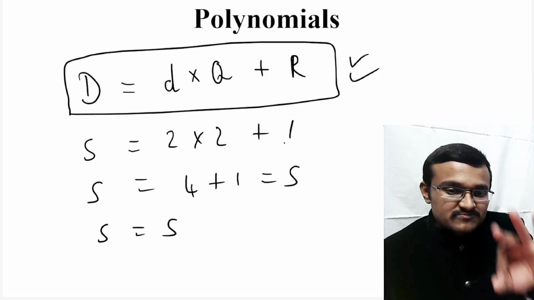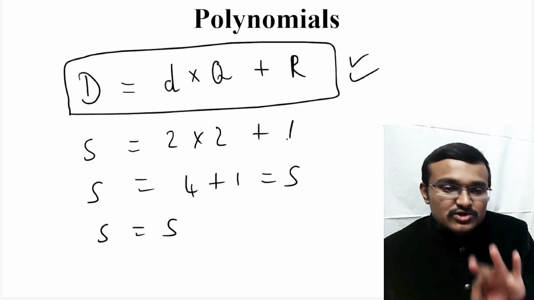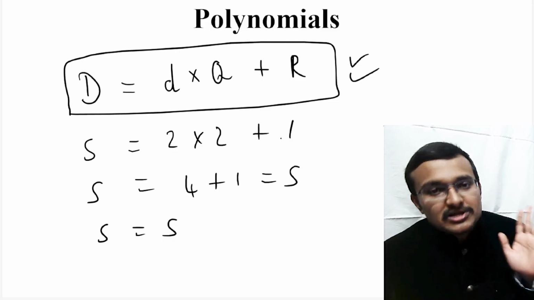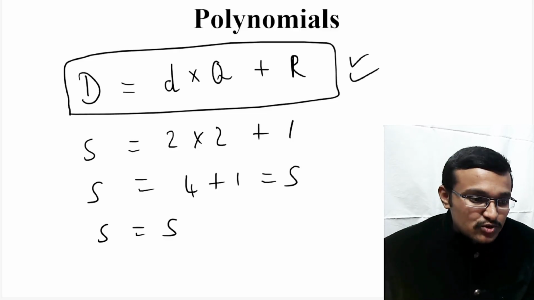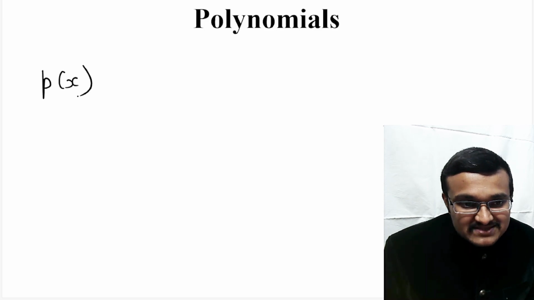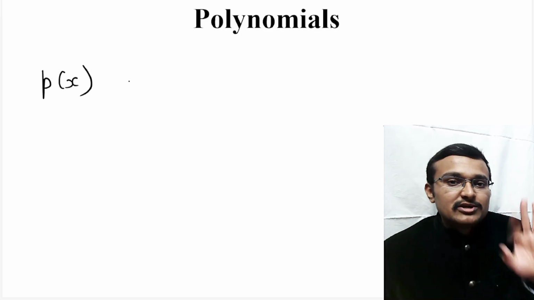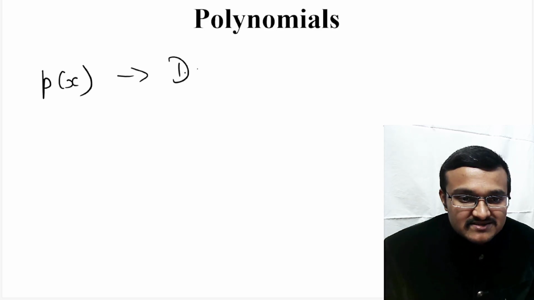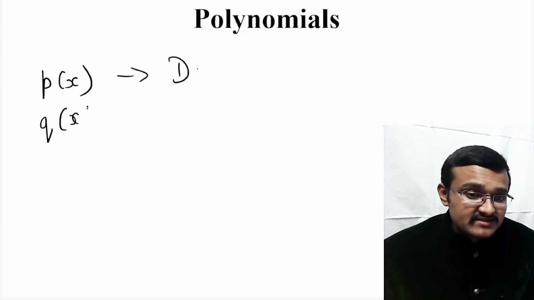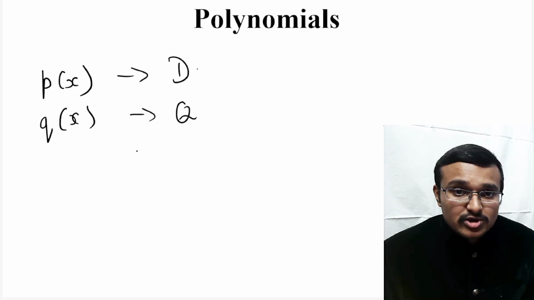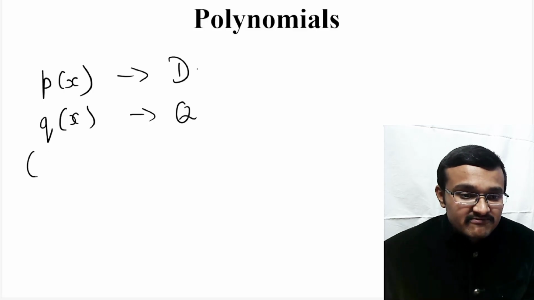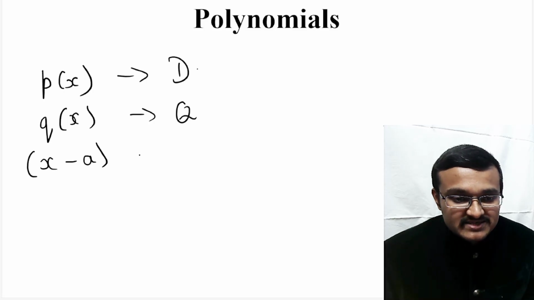Now this particular equation what you have got, you can apply the same for polynomials also. Here you can consider p of x as a particular polynomial which acts as dividend, and let us take q of x as the quotient of this particular polynomial, and let us take divisor, a particular factor which is equal to x minus a.